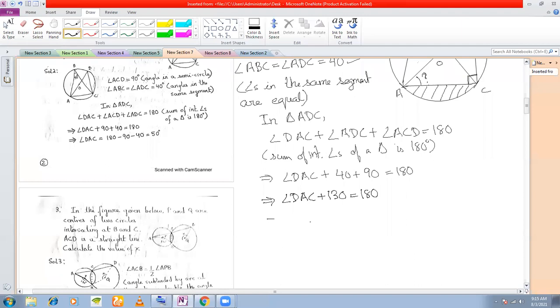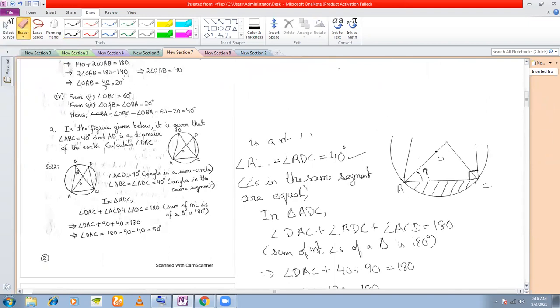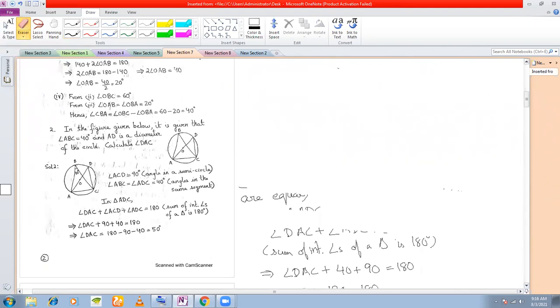That means angle DAC is 180 minus 130, which is equal to 50 degree, and which is our required angle that we needed to find out. Okay. So I hope you have no questions here. We'll move on to the next problem.